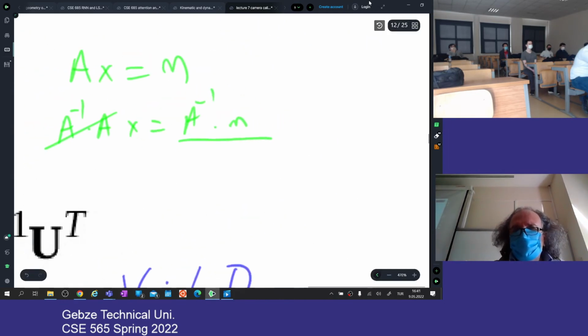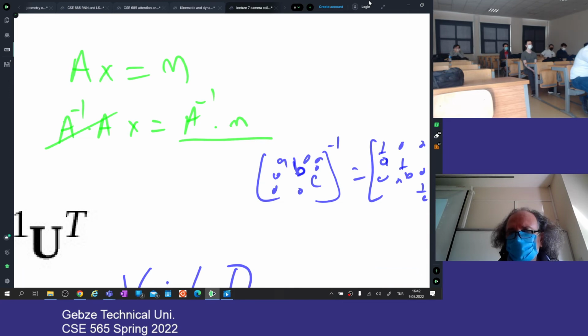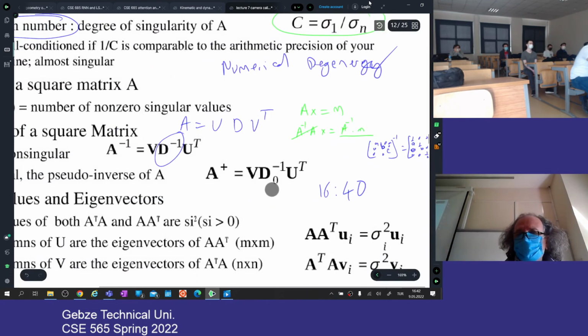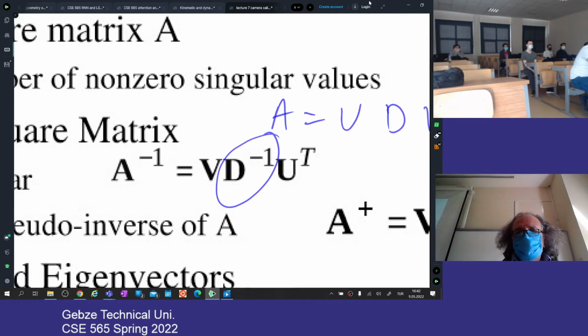If this is my matrix with diagonal A, B, C, and the rest are zeros, the inverse of it is 1 over A, 1 over B, and 1 over C, and the rest are zeros. So taking the inverse of a diagonal matrix is very easy. That's why once you do the singular value decomposition, this will be your inverse.